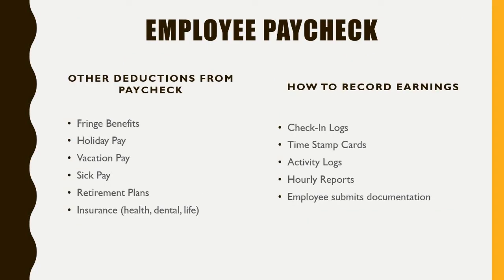Okay, so let's talk about how we determine our employees' paychecks. Again, other types of benefits and deductions. If you have fringe benefits, what are fringe benefits? Fringe benefits are those extra perks you can get because you're working for that company.